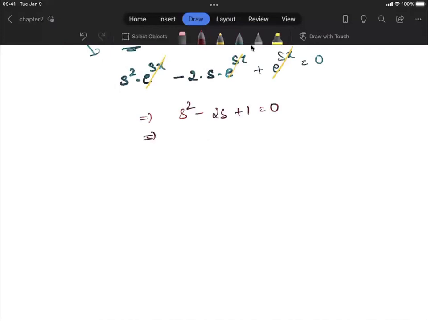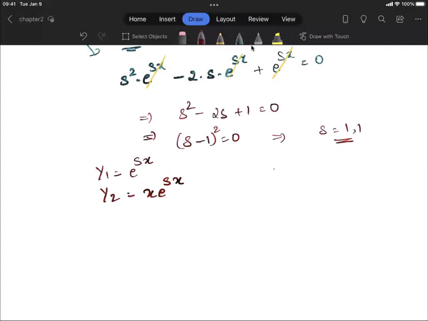Now, this is nothing but s minus 1 whole square, right? So we have two equal solutions, 1, comma 1. Now, from part A, we saw that if y1 is e to the power sx and the auxiliary equation has two equal roots, then y2 is of the form x times e to the power sx.